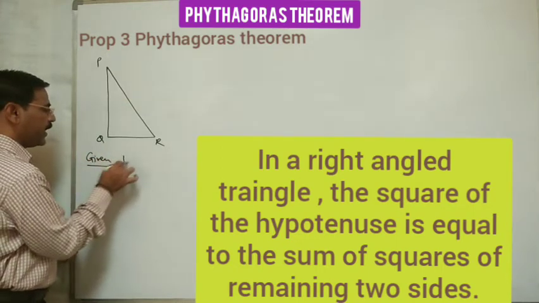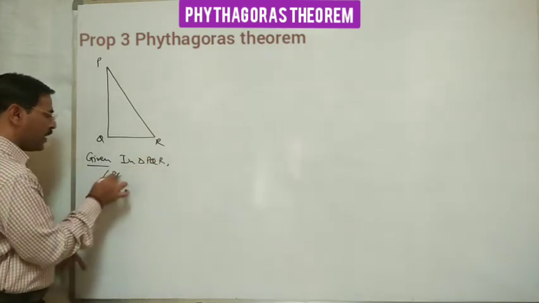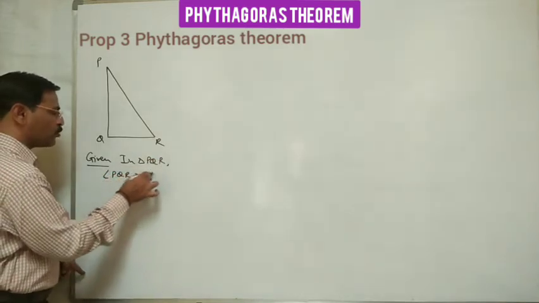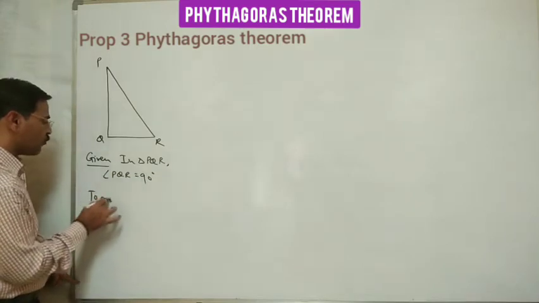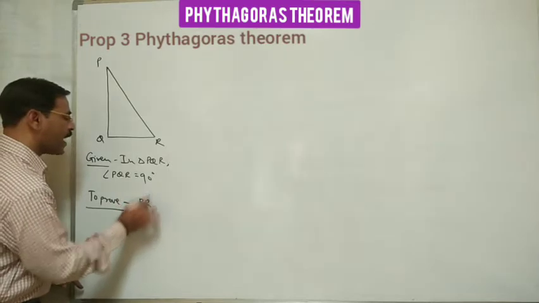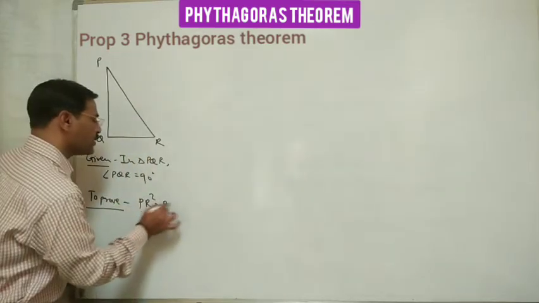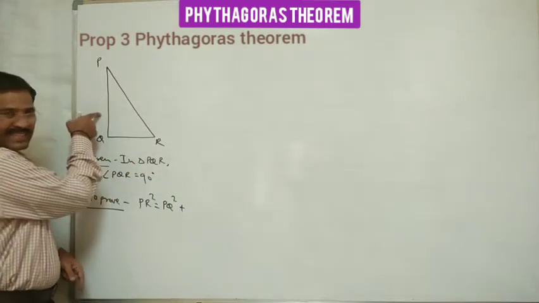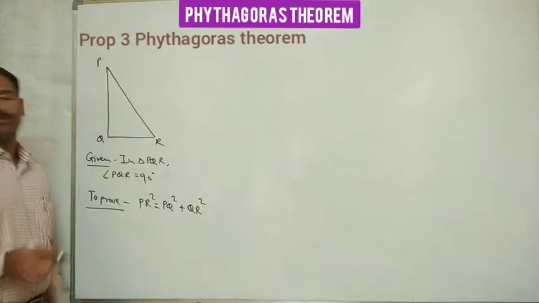Given in triangle PQR, angle PQR is equal to 90. This is only given to us. So from this we have to prove square of hypotenuse, means PR square, is equal to PQ square, one side square, plus second side square. This is what we have to prove.